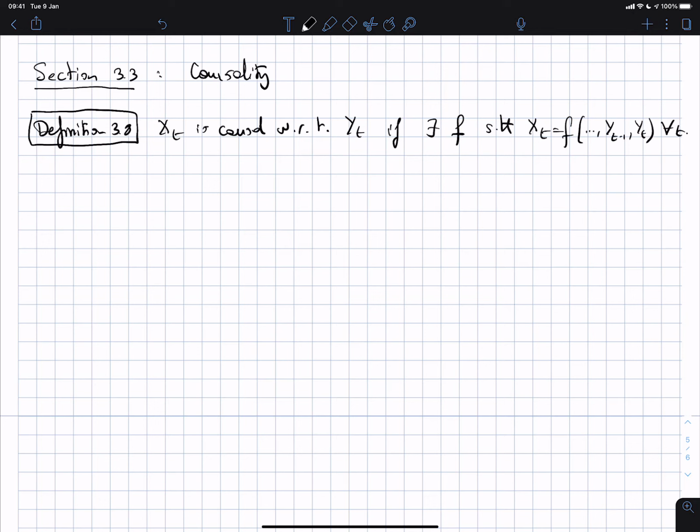We had a proposition which is just basically a restatement of what we already said, so I'm not going to go into this. And then we had the definition of a causal ARMA process. So definition 3.11.